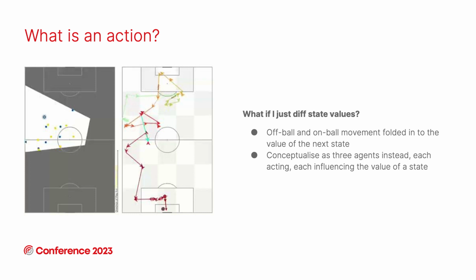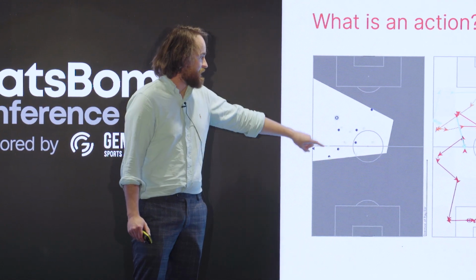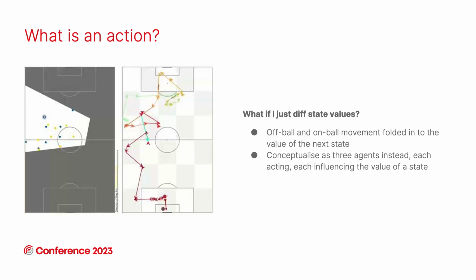If we take the approach that we normally take with value models, where we go, this state has this value, the next state has this value, and then you take the difference between those. When you bring positional data in like this, you end up folding in the value of where the attacking team has moved to into the valuation of the next state, and the same for the defending team.